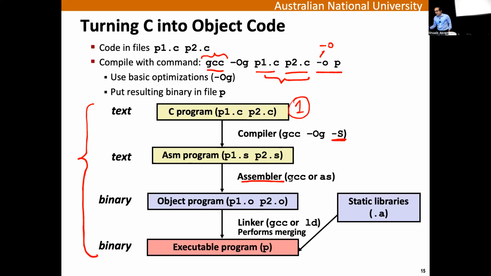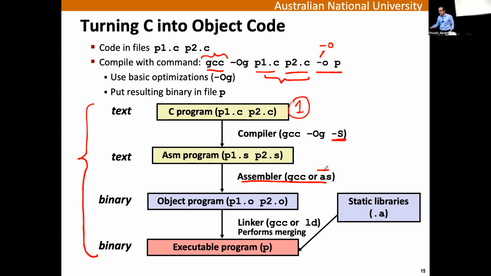The assembler, or AS, then takes the assembly code and turns it into what? What does an assembler do? Machine code or object code.